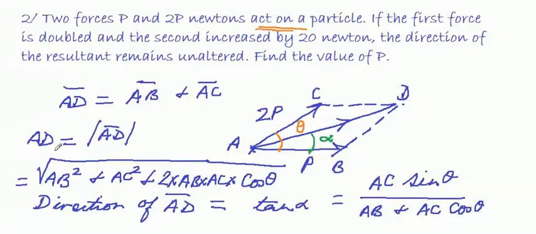So the first formula, AD equal to root of AB square plus AC square plus 2AB AC cos theta, gives the magnitude of the resultant, and this gives the direction of the resultant. Correct?